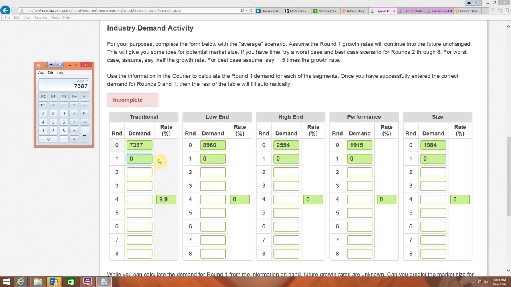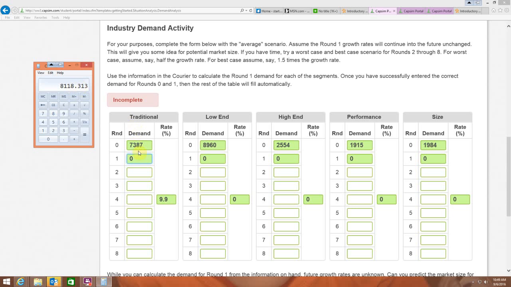What that's saying is that I'm multiplying it by itself plus whatever the growth rate is, and adding that all in one step, which is nice. So I'll hit times 1.099.